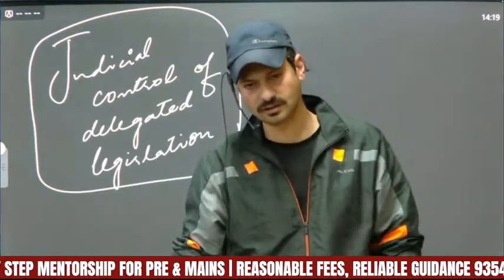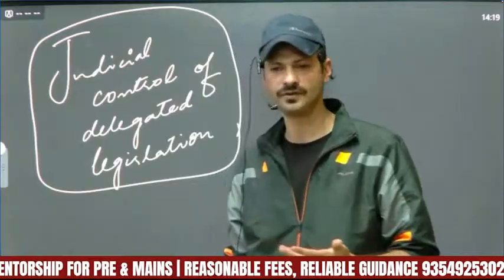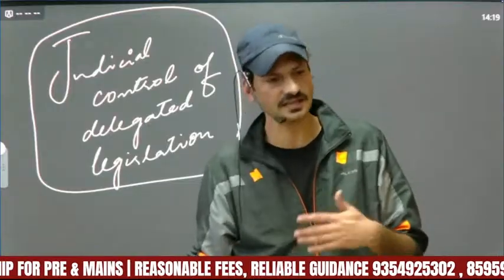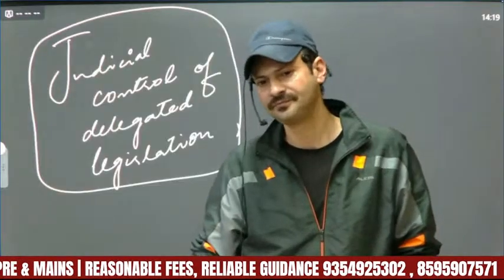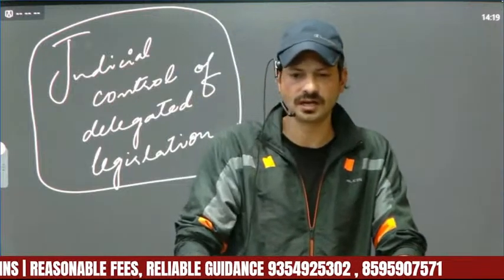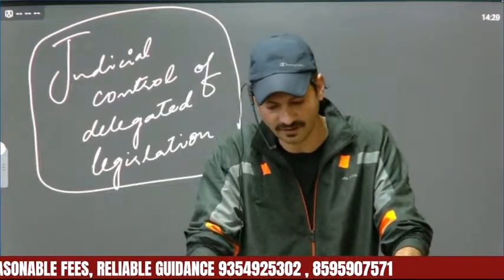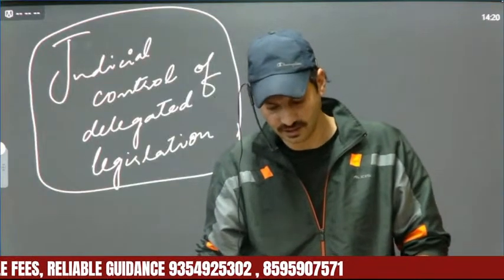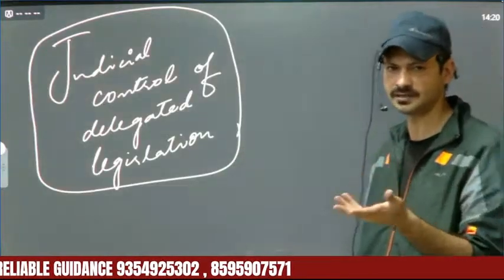So this control is by judicial review, which we have talked about. Courts have the power to examine whether delegated legislation is legally valid or not, the power of judicial review. Under that power, courts examine, and if administrative authorities have exceeded their power, courts may declare this delegated legislation as ultra vires, as invalid. So judicial review operates primarily through the doctrine of ultra vires.